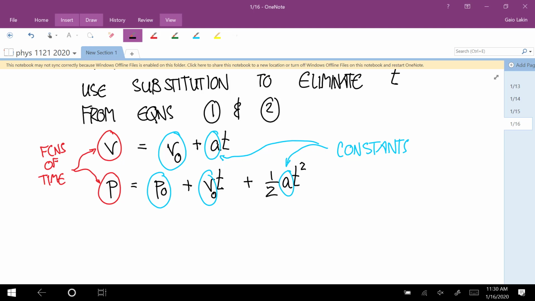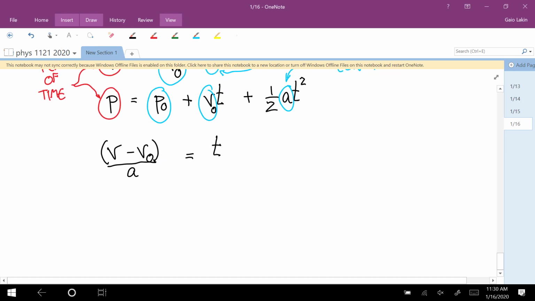So from the first one, we have V minus V0 divided by A is equal to time. And then substitute that into the second one. So we have P, let me write a note here. So this is from equation 1.